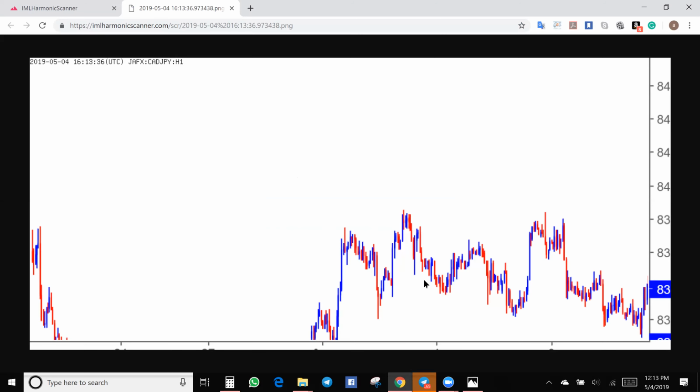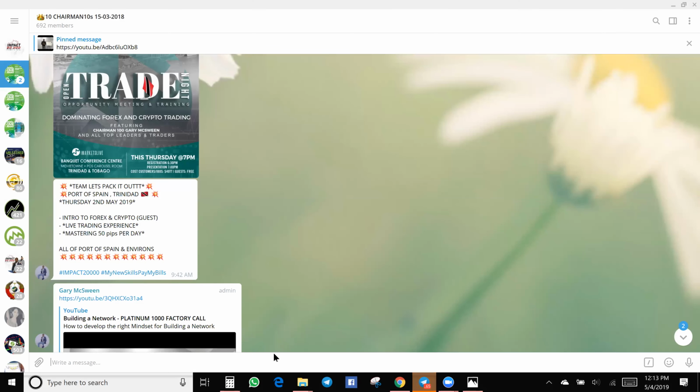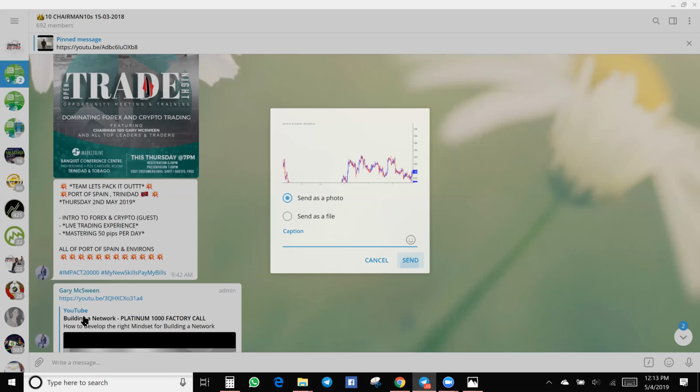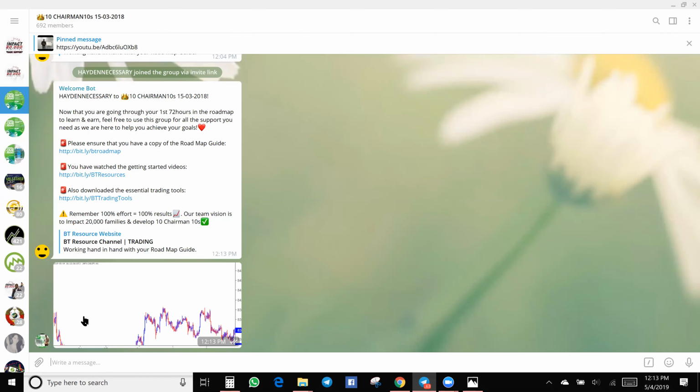Just click copy and you could come straight to Telegram and paste it in and send it to us there and say, hey, what do you think? And we could respond. Looks good, doesn't look good, needs some work, you need to do this, you need to do that. And that's how you get better. So let's do that this week.